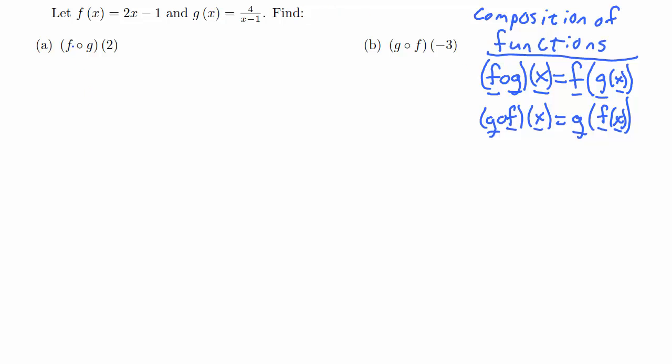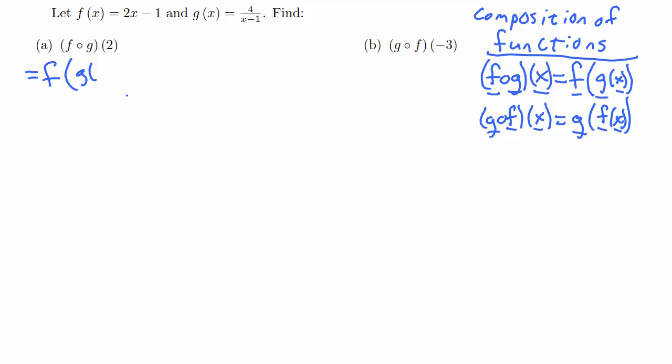Now, let's look at f composed of g of 2. By the way, there are some domain issues that we're going to look at later on, but in this example, we're not going to worry about the domains. So f composed of g of 2 means f of g of 2.